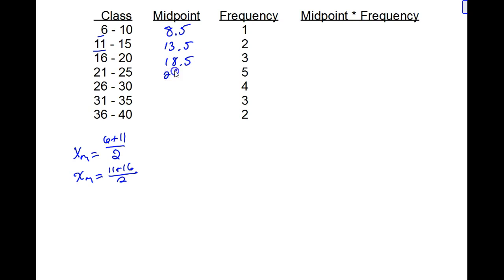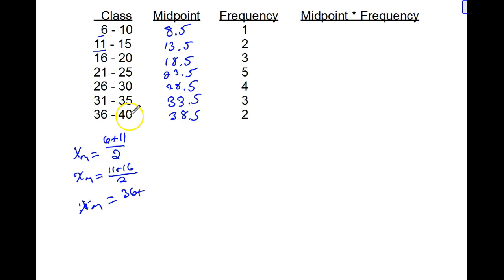And we keep calculating, and we get that the midpoints are going to be 8.5, 13.5, 18.5, 23.5, 28.5, 33.5, and 38.5. For this last midpoint, notice I have 36. I don't have the next number. So the midpoint there is going to be 36 plus what the next class should start at.